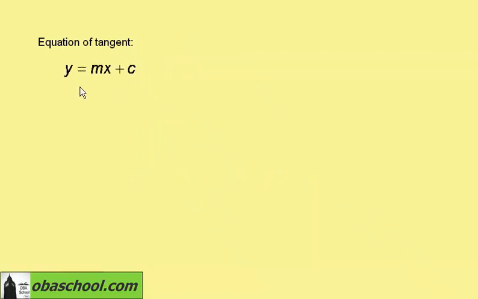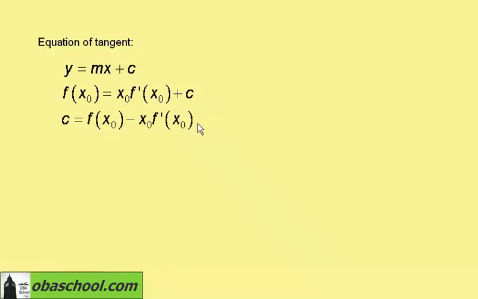A tangent is a straight line, so is of the form y equals mx plus c. Substituting all of this in, and then rearranging, gives us that c is equal to f of x0 take away x0 times f dashed of x0.